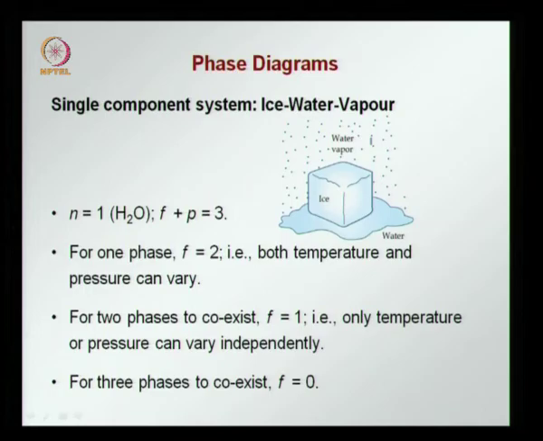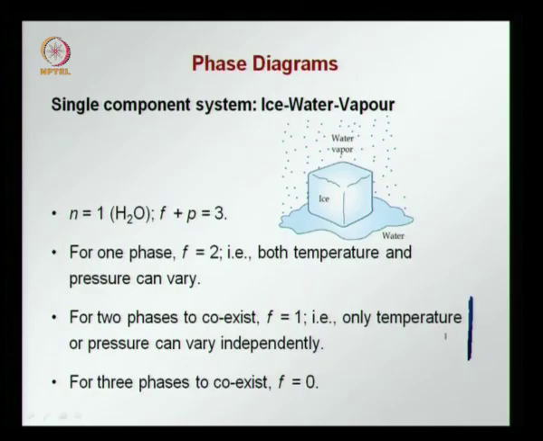But if we want two phases to coexist, that is P is equal to 2, then F becomes 1. That is, only one of the two degrees of freedom can be changed, only temperature or pressure can vary independently. The other will be a function of the variable that is changing.